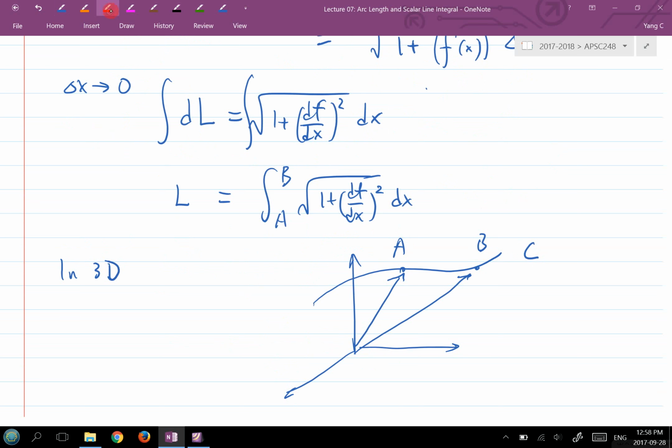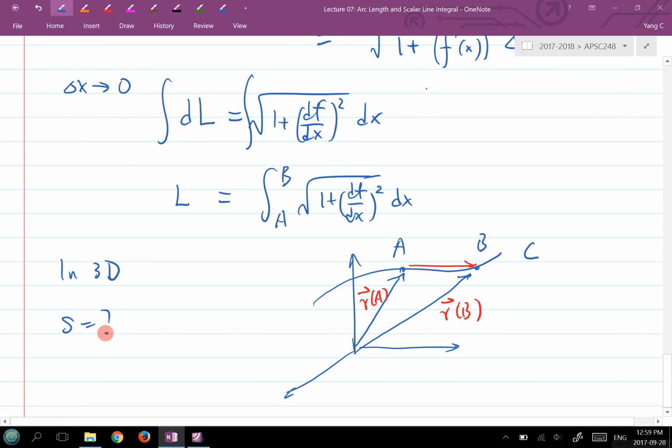So we have a position at A and a position at B. Naturally, you can create a vector from A to B. So in 3D space, same question: how long is this arc length, or how far does it travel along the curve C, the displacement from A to B? So S equals what? Same kind of question.